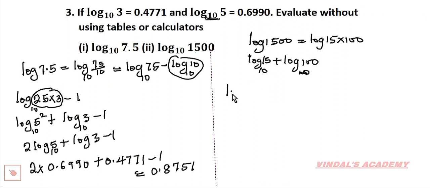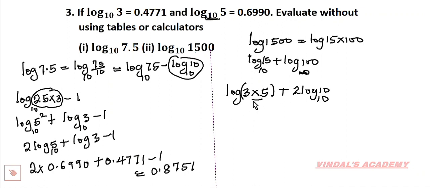Now log 15 is log 3 times 5. Remember we need 3 and 5, then plus 2 log 10 base 10. Of course, log 100 is 10 raised to power 2, so it is going to be 2 log 10 base 10.